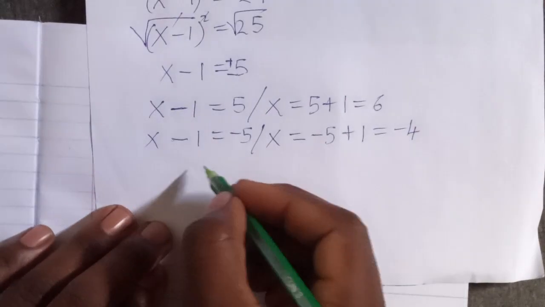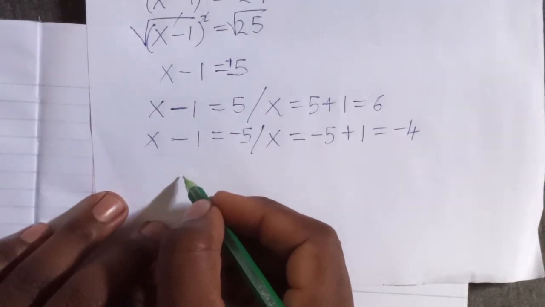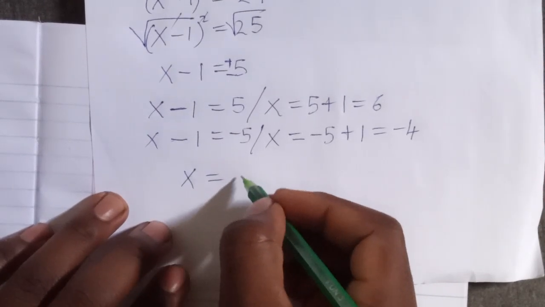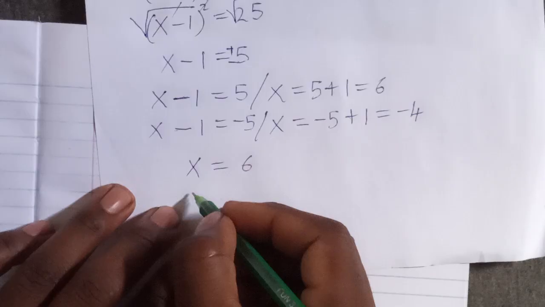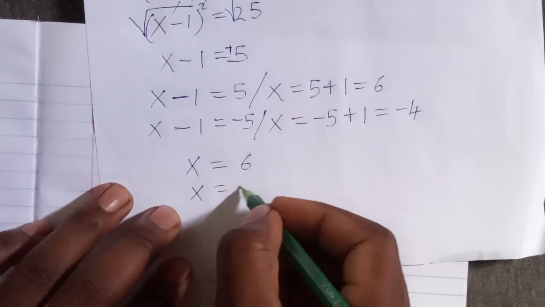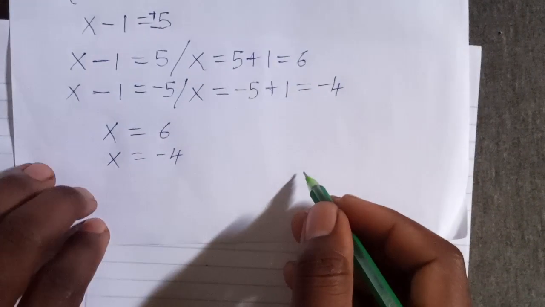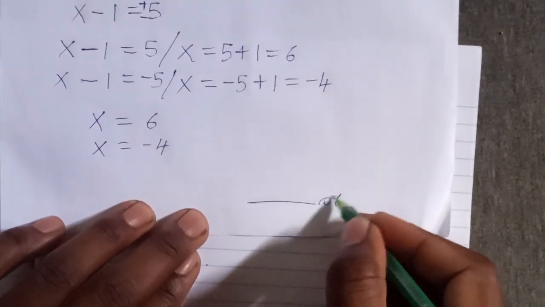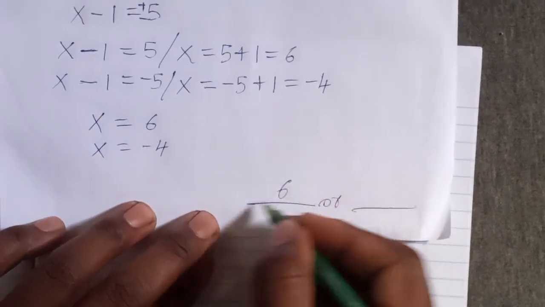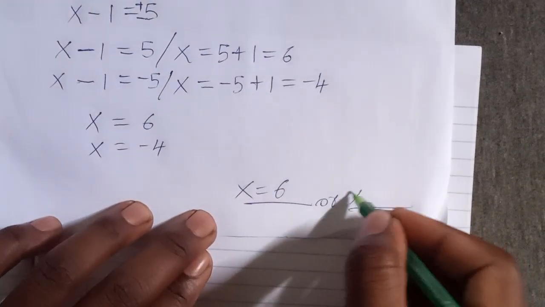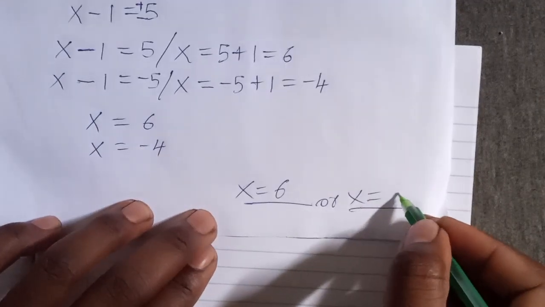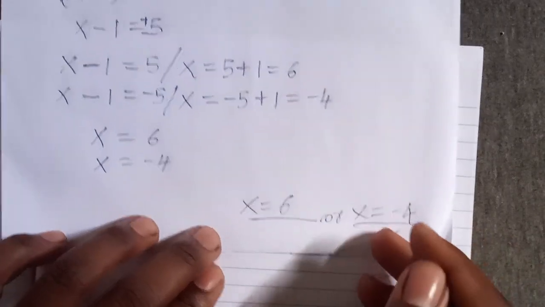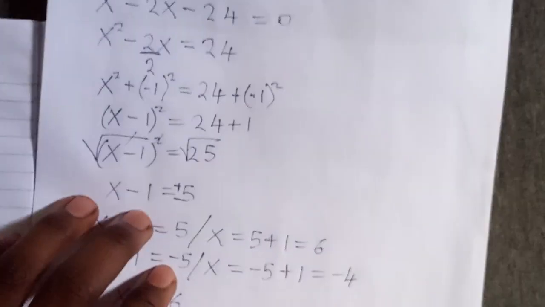So our final answers are going to be x will be equal to 6, or x will be equal to negative 4. So you indicate where there are two answers, where they are said this or this. So you indicate x will be equal to 6, then x will be equal to negative 4.